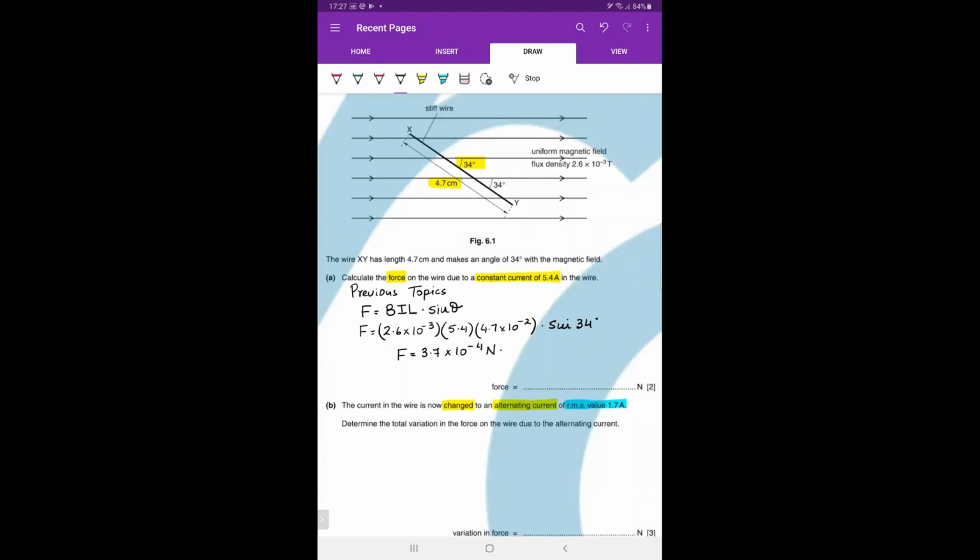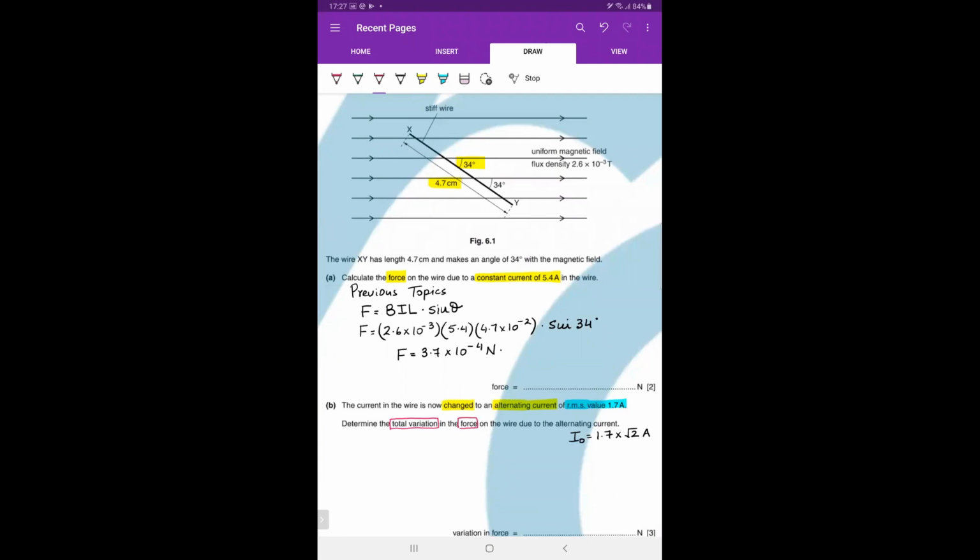Okay, so before I continue, the peak current will become 1.7 times under root 2. Now the question is saying, determine the total variation in the force on the wire due to alternating current.